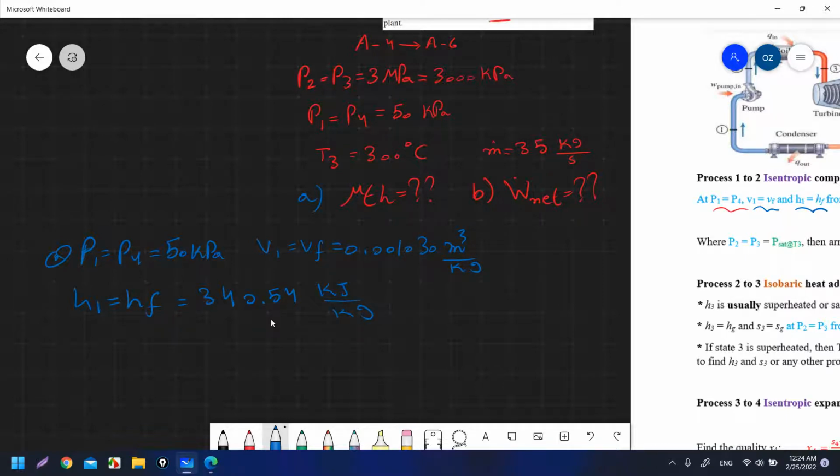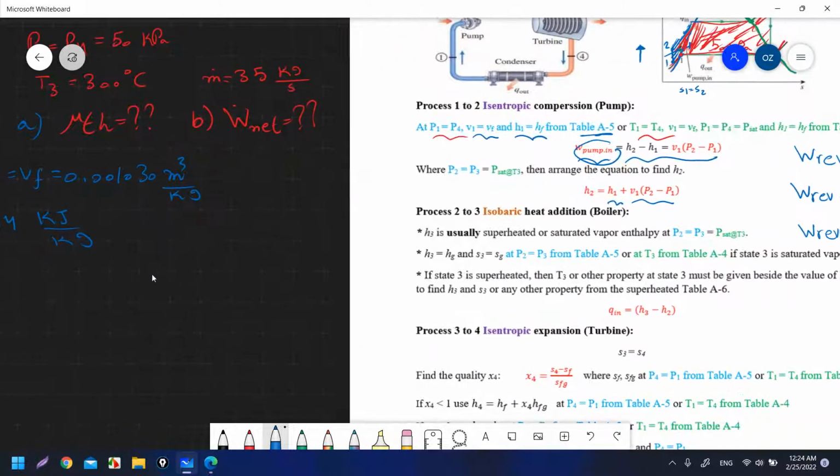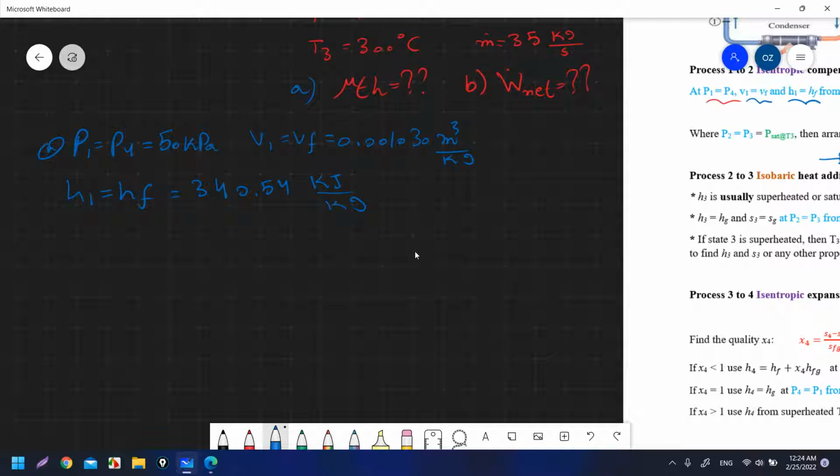Okay, I found H1 and V1. Now I can use this equation to find H2. So H2 is equal to H1 plus V1 (P2 minus P1).